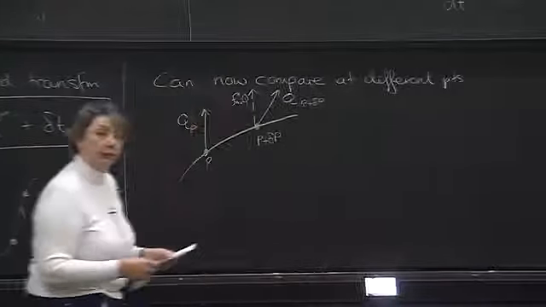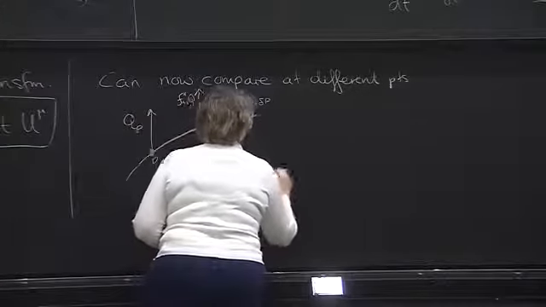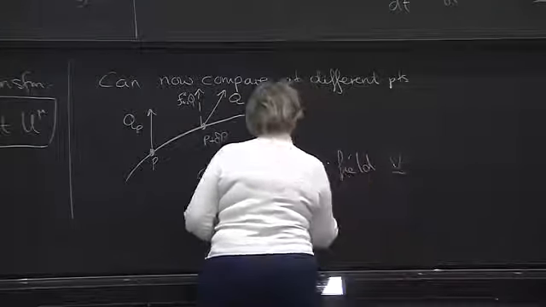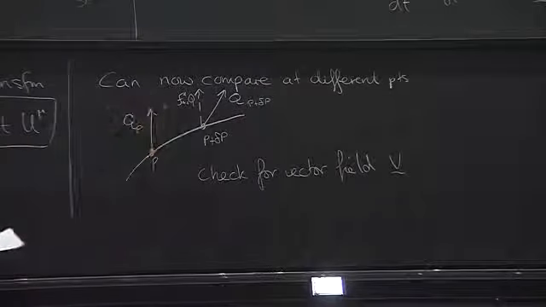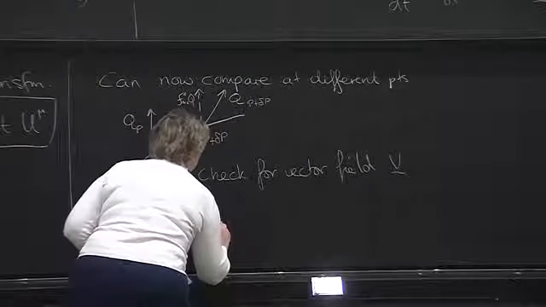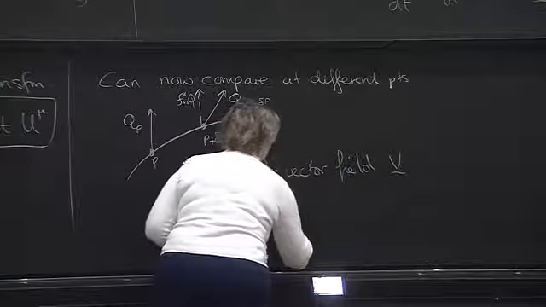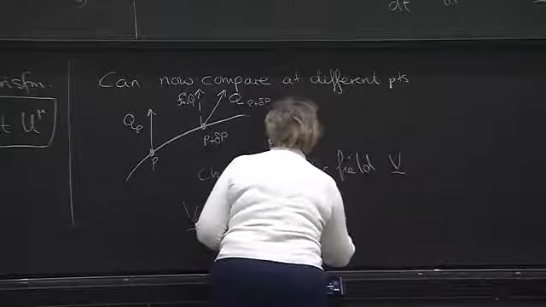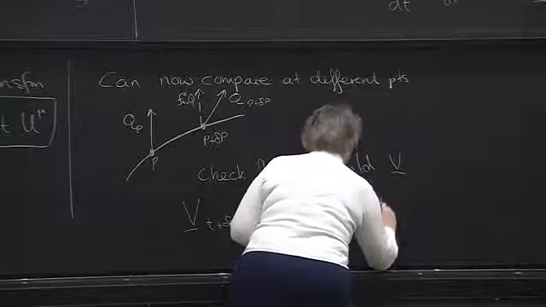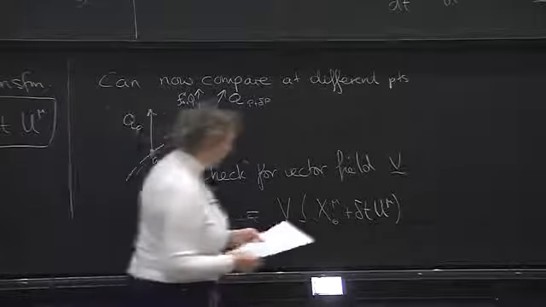So let's look at what happens for a vector field. Here, we're going to look at V at t plus delta t. That's going to be the value of V at x naught plus delta t u. So that's what we're trying to evaluate.